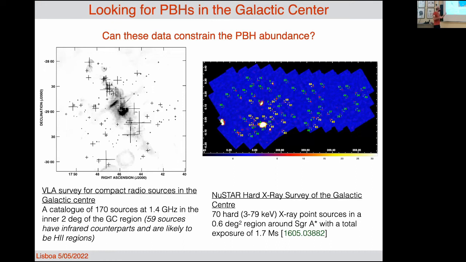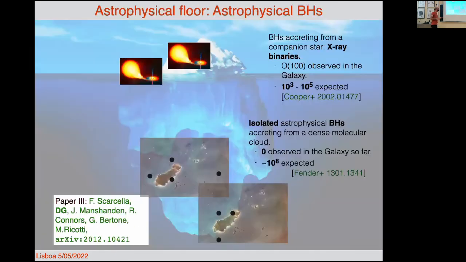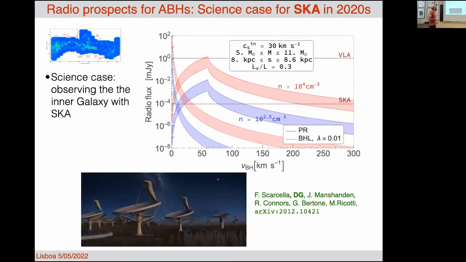So the primordial black hole search hits this astrophysical floor, and studying the astrophysical floor, we realized that a portion of these sources already detected by NuSTAR could be isolated accreting astrophysical black holes. That is one of the 10 types of sources. And this is, well, a wonderful science case for SKA.